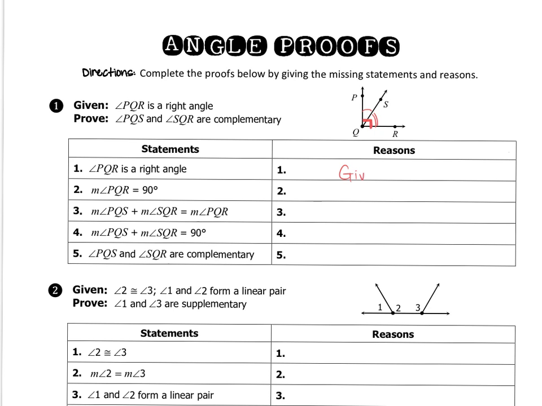The first one, even if I close my eyes, I know the first one is always given. PQR is a right angle, therefore the measure of PQR is 90 degrees. I can draw that conclusion by definition of right angles.